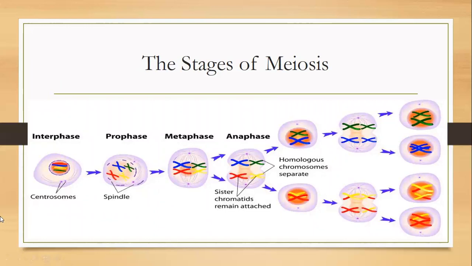You can see here on the left-hand side, interphase, then prophase, metaphase, anaphase. Telophase and cytokinesis are left out, but they do occur. Now you can see that you have 2 cells. These 2 cells are then going to divide again. They're going to go back through prophase, metaphase, anaphase, telophase, cytokinesis, and end up with 4 cells with genetically different information.